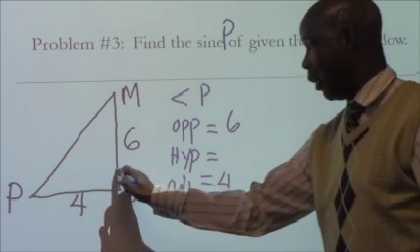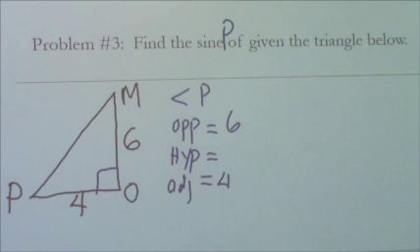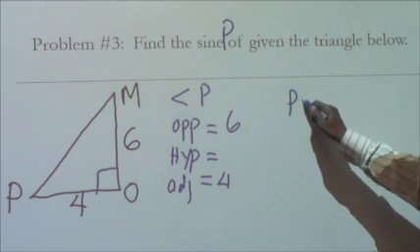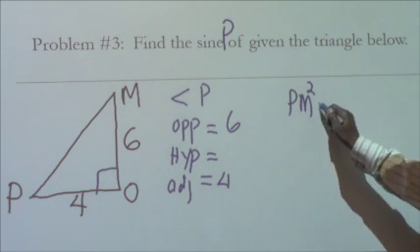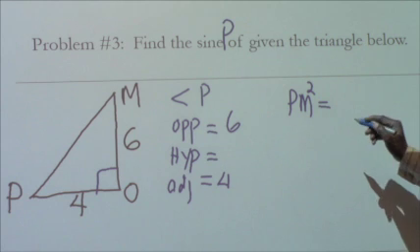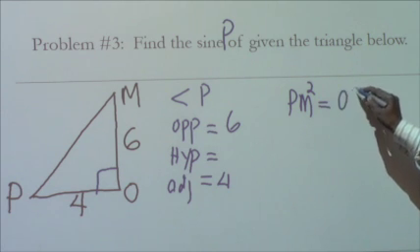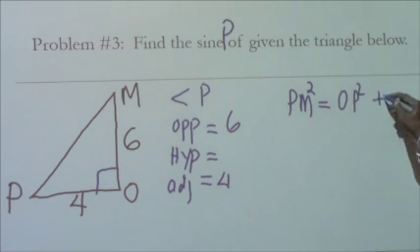Well, this is a right triangle. So again, we can find the missing side PM by using the Pythagorean theorem. So I can say side PM, which we don't know and is the hypotenuse, squared will be equal to OP squared plus OM squared.